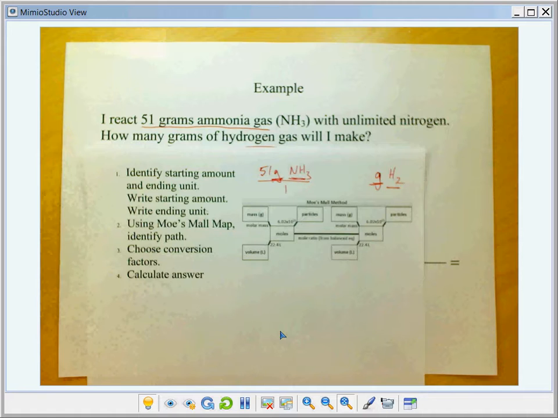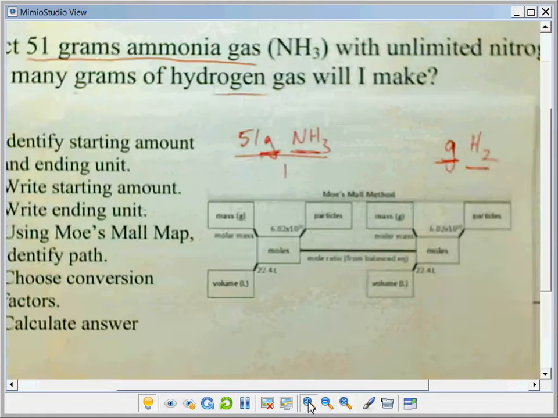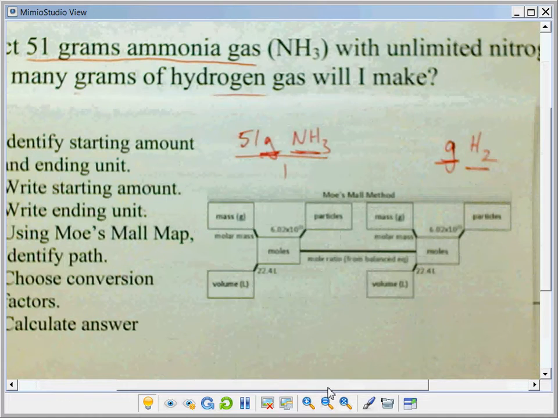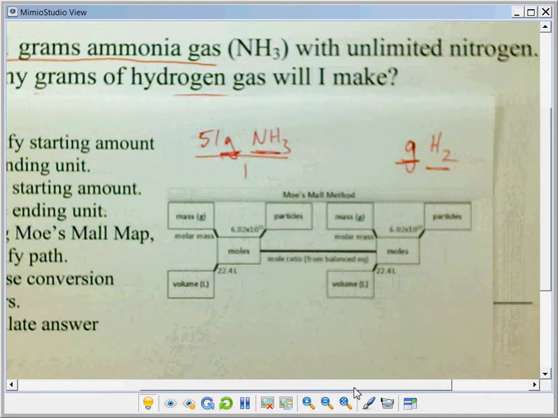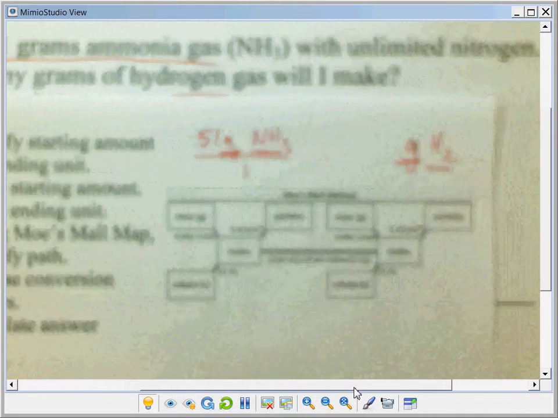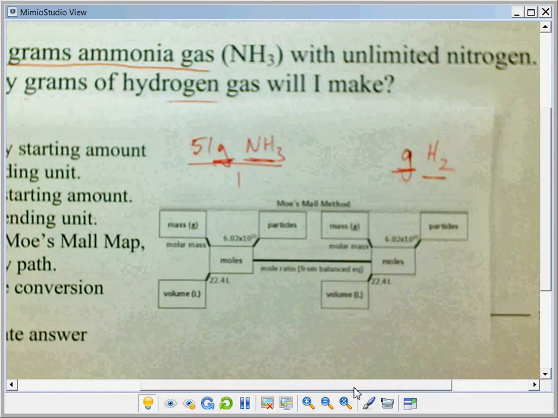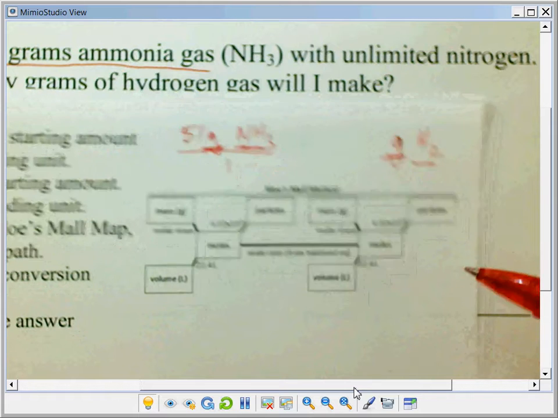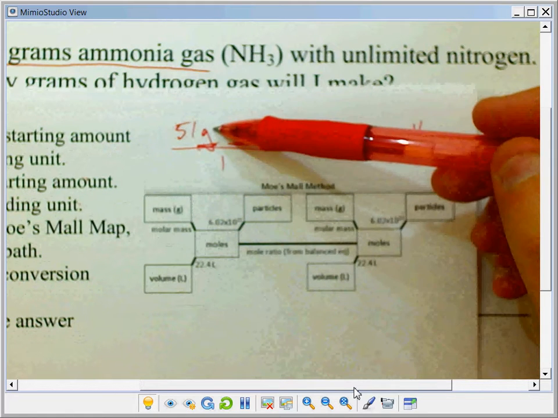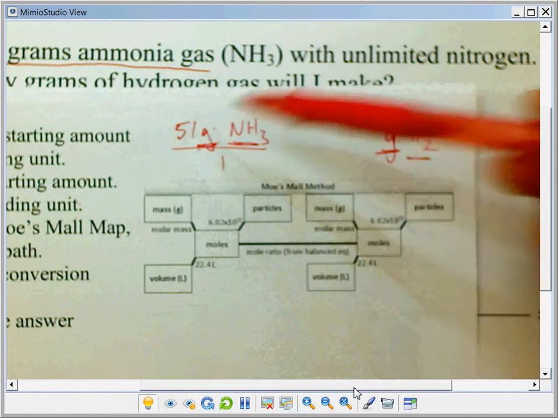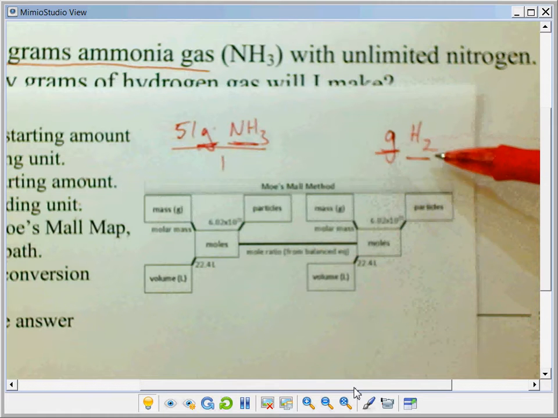All right, I'm going to zoom in for this so you can see a little bit better. And if you see on this piece of paper right here, we have Mohs-Moll. It's not the best print job I've ever done, so I'm going to try to get it to be resolved a little bit better. You'll notice that the starting unit is grams, and I have a number in grams. The ending unit is grams, and I have a number of grams.